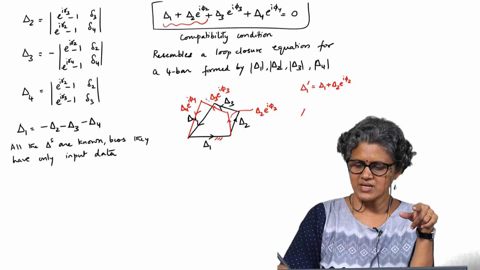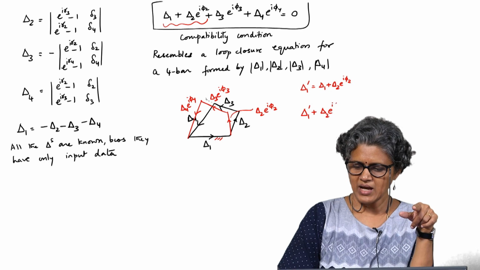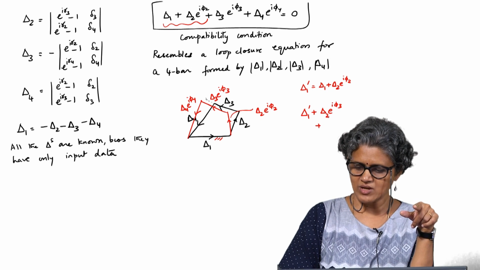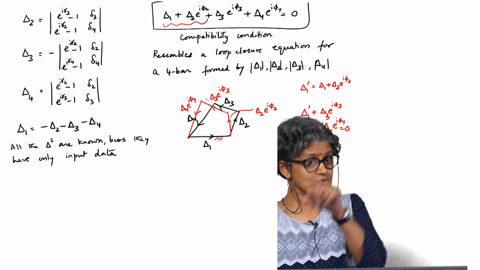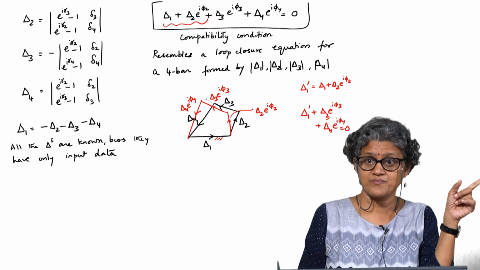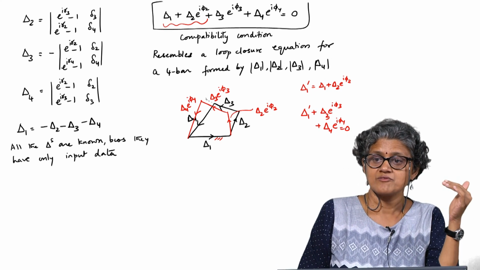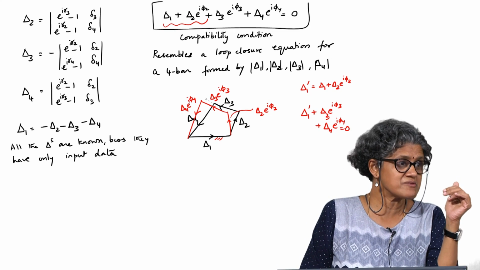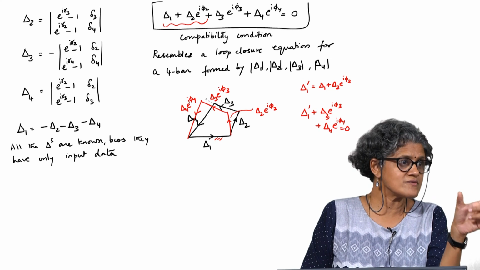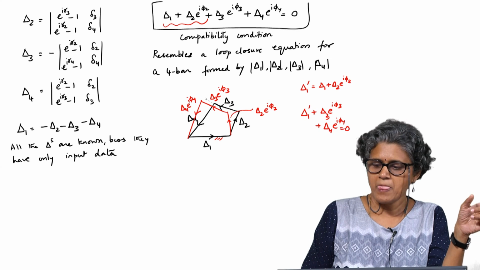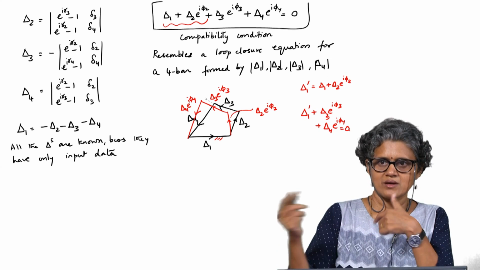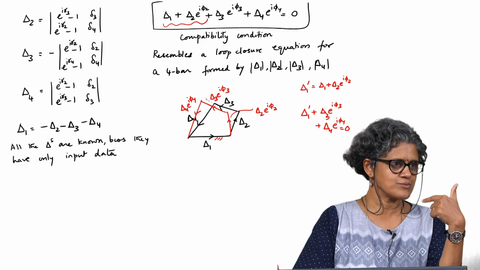So, I can say delta 1 dash plus delta 3 e power I phi 3 plus delta 4 e power I phi 4 equal to 0, which is what I used for the previous one where I specified the fixed pivot. Remember, I had to solve a transcendental equation there. So, you can repeatedly call that for each phi 2.